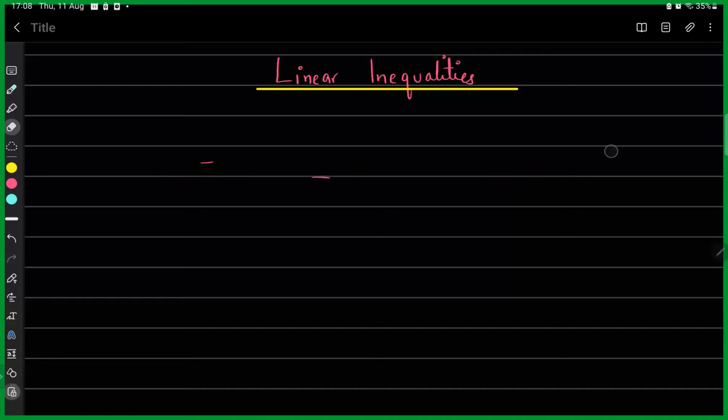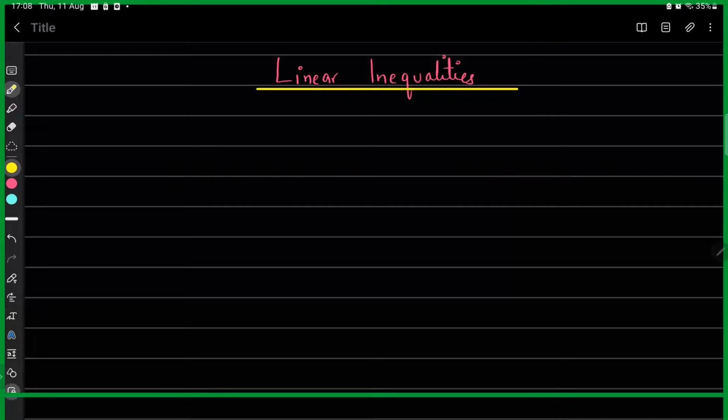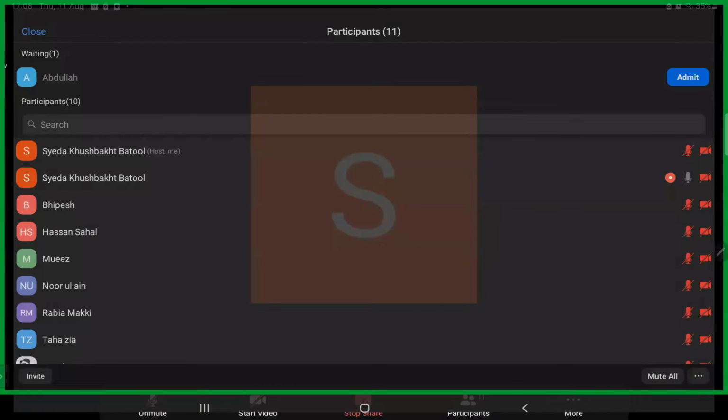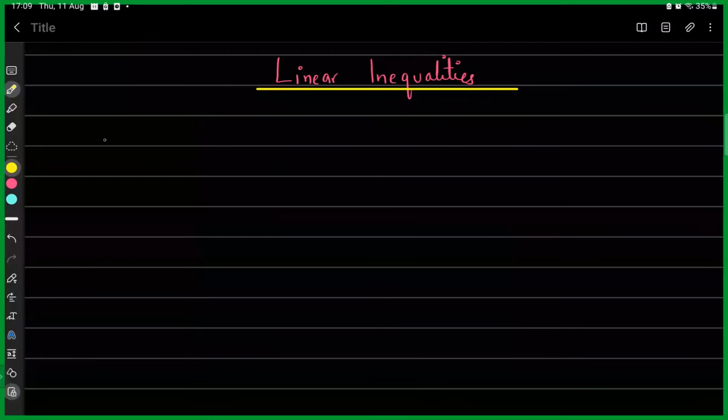Now, how exactly do we solve an inequality? Now, that is important. Let's talk about that quickly. So I have a few questions here. Now imagine the first question: 2x plus 5 is greater than or equal to 0.